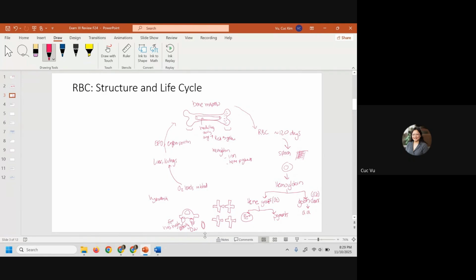And because of that, if you are exposed to this gas, it's going to bind to that gas, which prevents it from binding to oxygen, and then you end up with carbon monoxide poisoning. If that helps you remember, the heme group has the iron that binds to oxygen and monoxide.